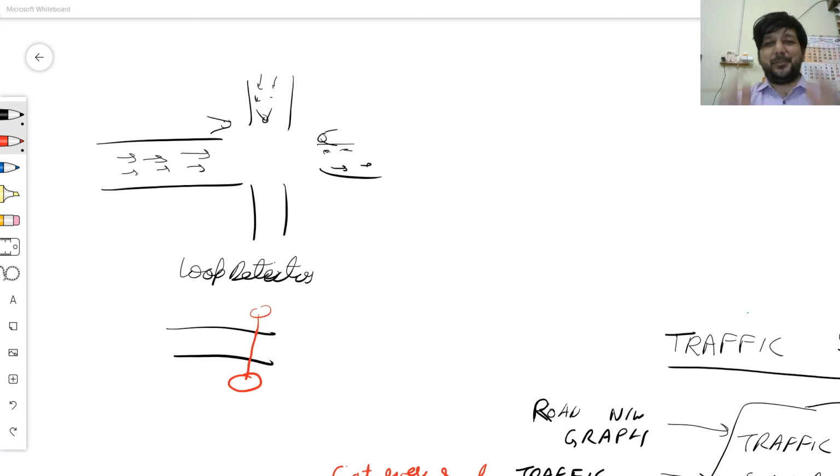Because they produce a great amount of vibration, there are sensors which vibrate because of these vibrations produced by the vehicles, and I measure the vibrations, and using that I get an idea about how many vehicles have moved. So these are called loop detectors.